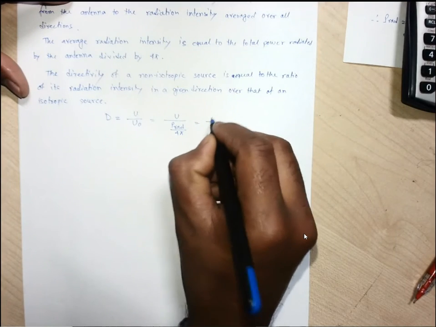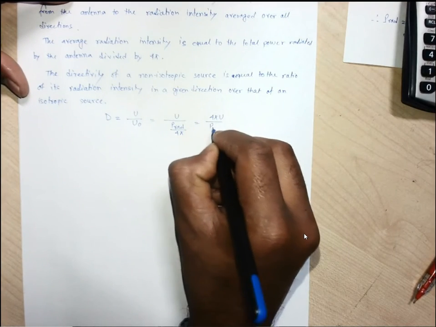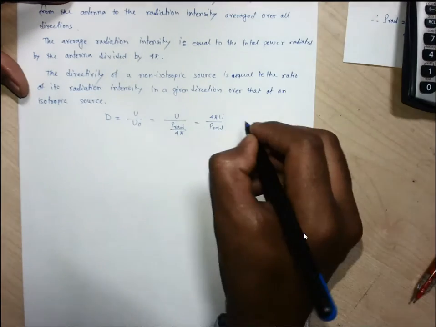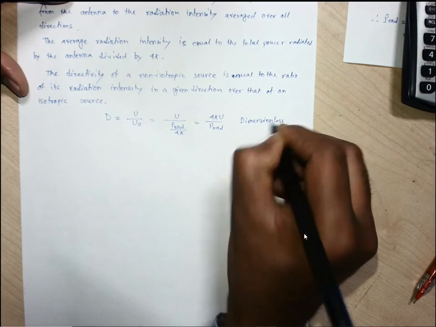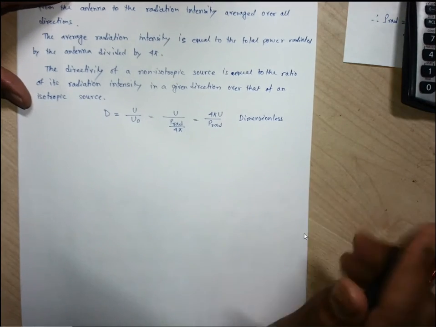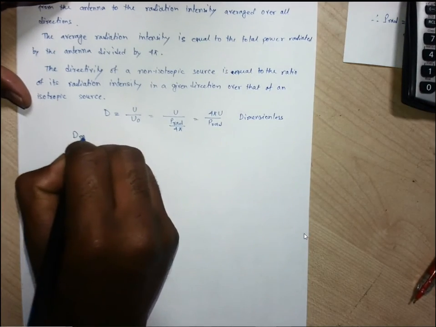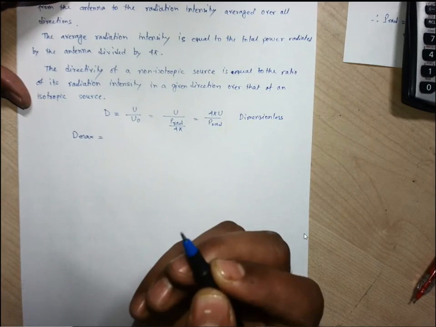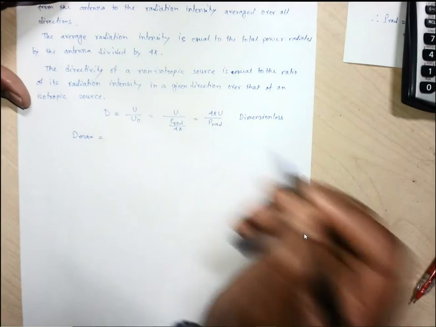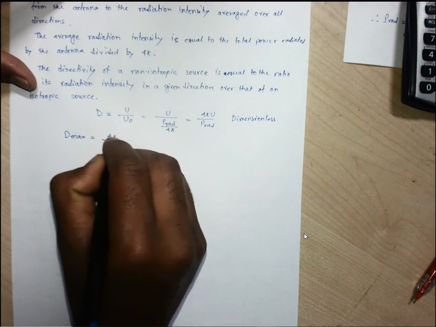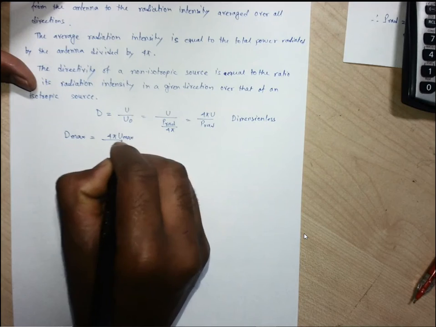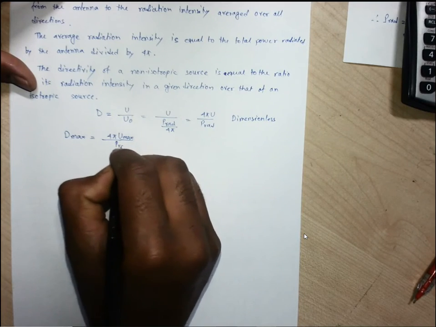So we can say D is 4 pi U by P rad. It is dimensionless. What will be the maximum directivity? It depends upon the maximum radiation intensity of the antenna under test: 4 pi U max by P rad.